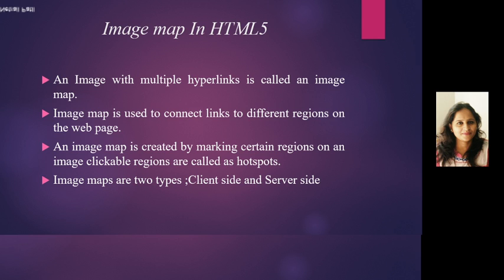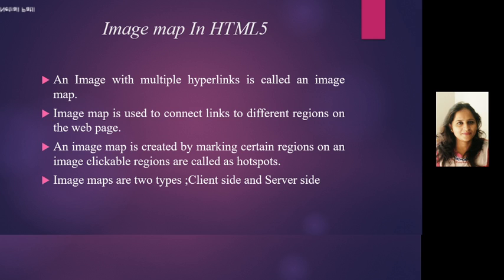Image map is used to connect links to different regions on the web page. An image map is created by marking certain regions on an image clickable. These clickable regions are called hotspots.